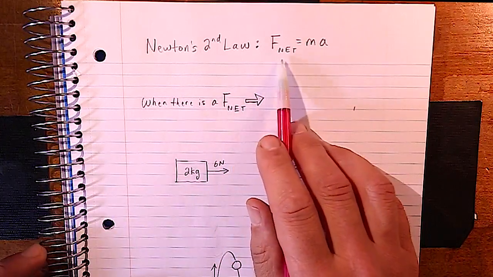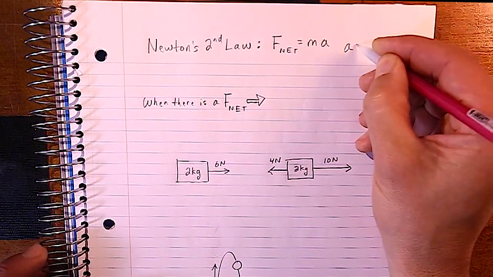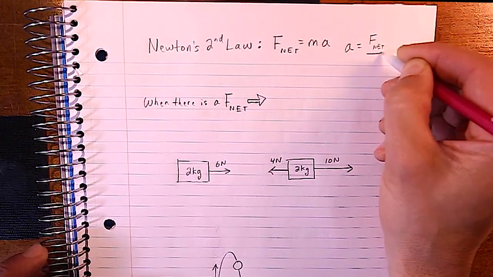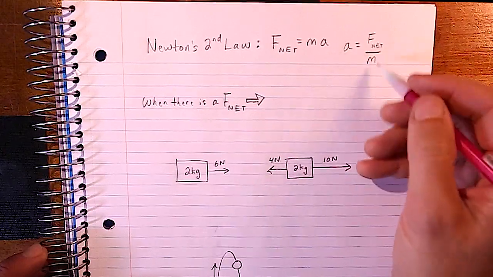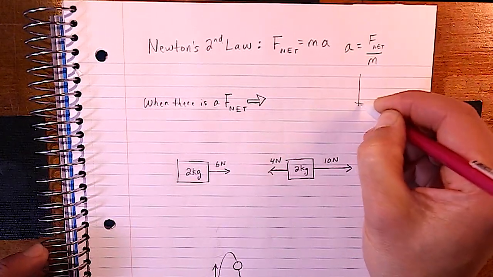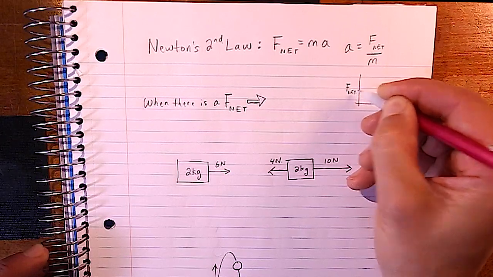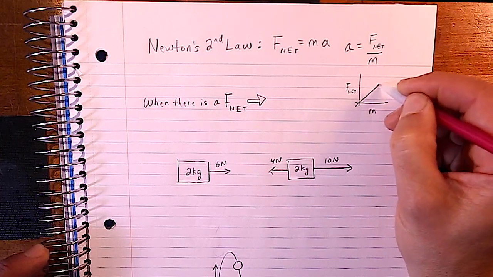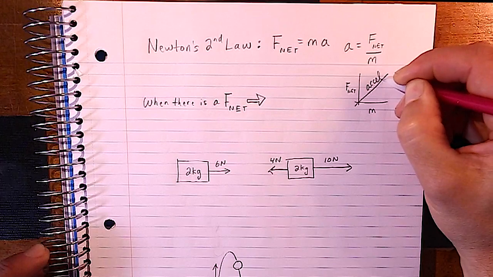Well, the formula is F net equals ma. On the reference table, it's written as a equals F net over m. It's the same formula. The only reason that this is useful is if we wanted to find the slope, and they give you a formula like that, the slope of this line would be the acceleration.